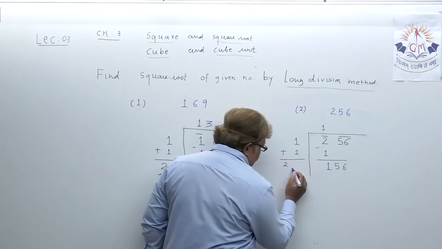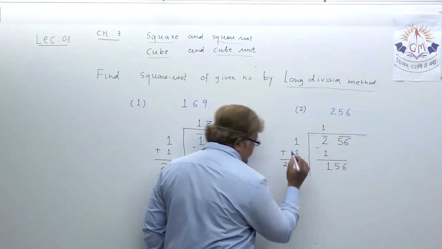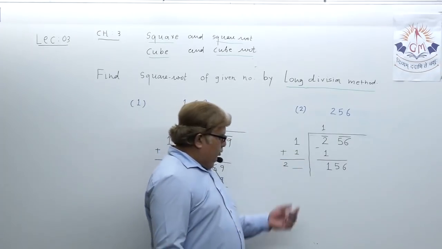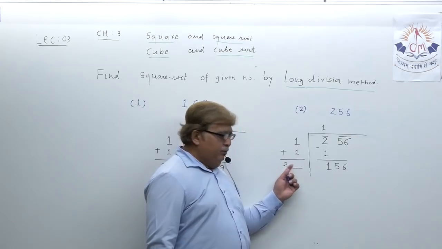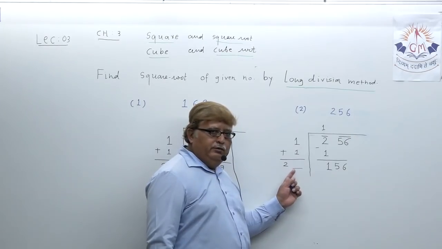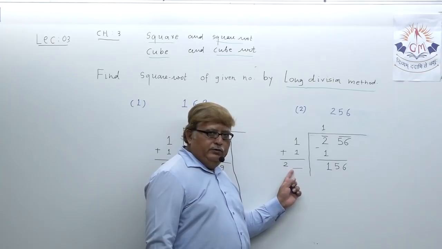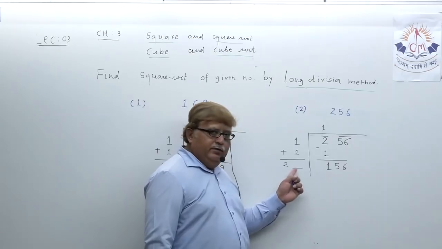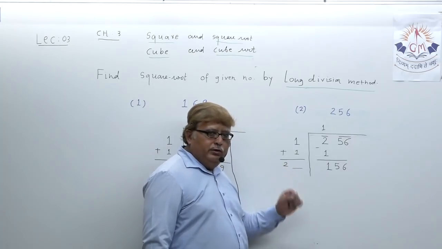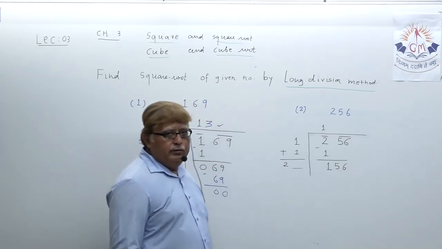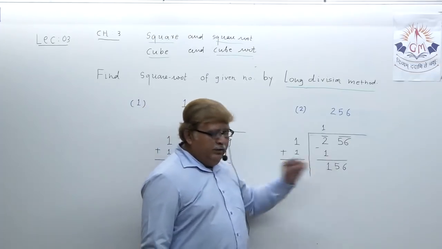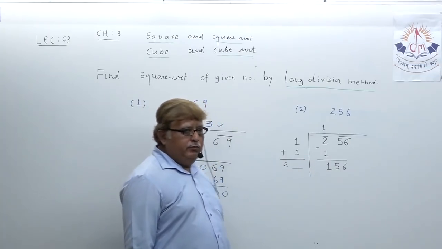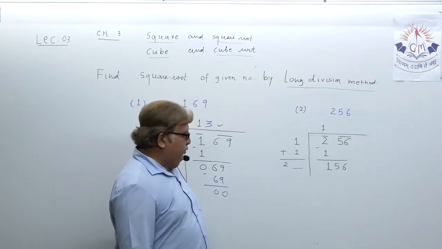Think of a number here to realize a two-digit number, and that two-digit number is to be multiplied by the same number you thought in the units place. And you have to bring this. You understood this. Start thinking.